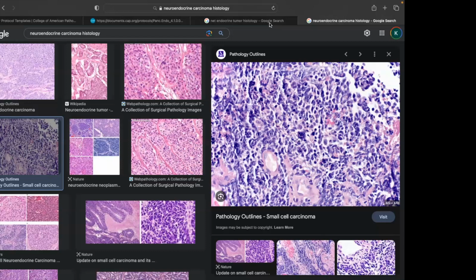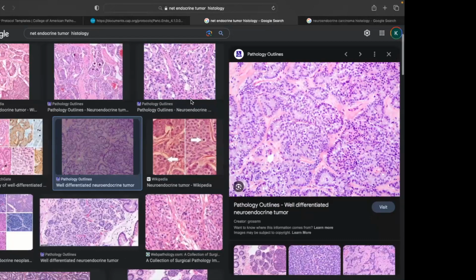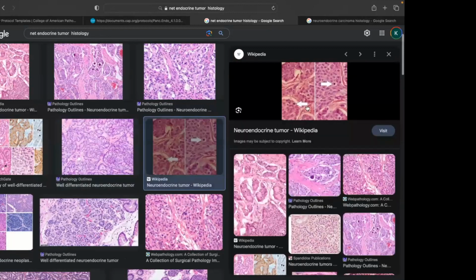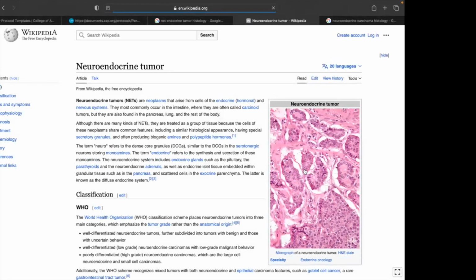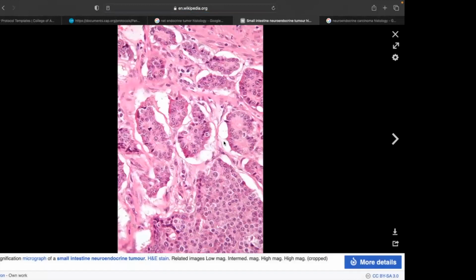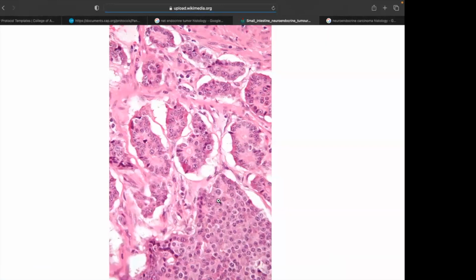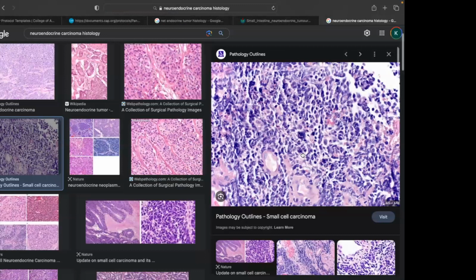Whereas a neuroendocrine tumor, if we look, has really nice nuclei. It has nice salt and pepper nuclei like we see here. It looks like you dumped salt and pepper, and that's how we can differentiate it as a neuroendocrine tumor, whereas a neuroendocrine carcinoma doesn't have that appearance.